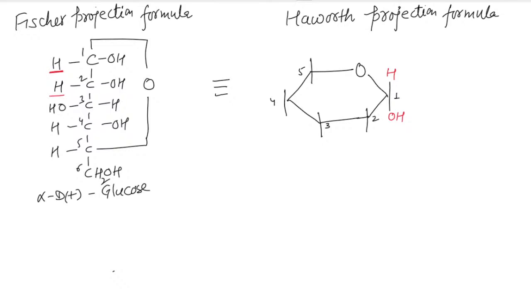Then again H, OH, H, OH, then OH, H, H, OH, and the terminal carbon, that is the terminal CH2OH group, is always above the plane of the hexagonal ring, that is CH2OH and H. So this is the Haworth structure.